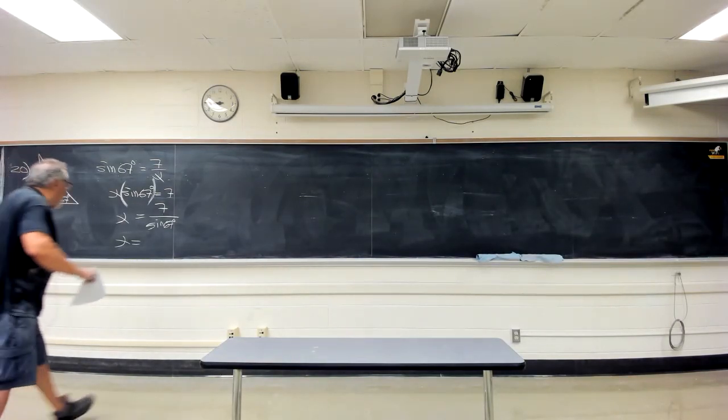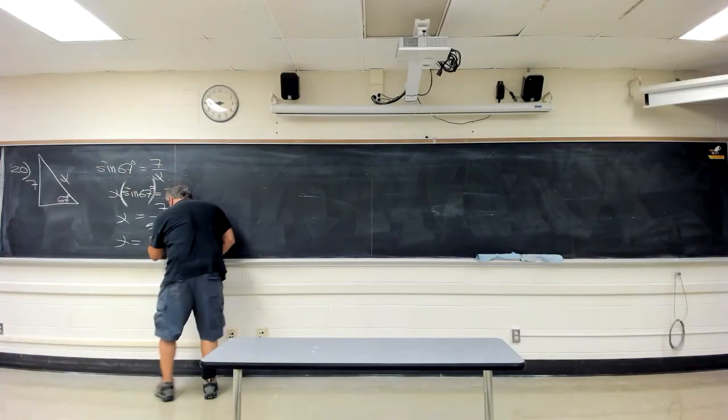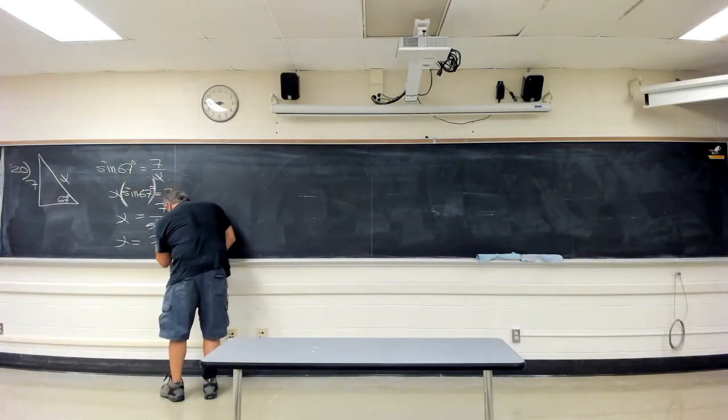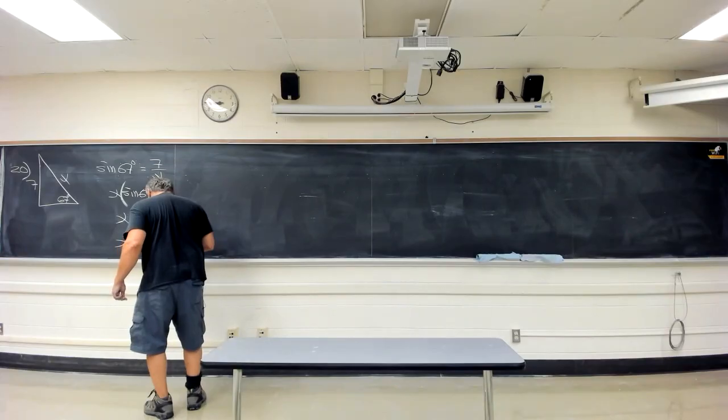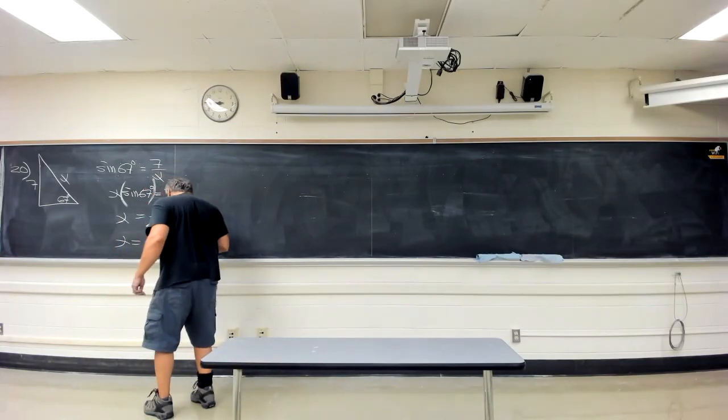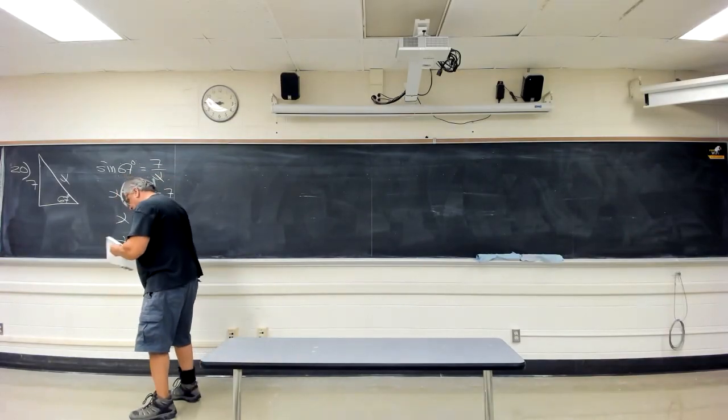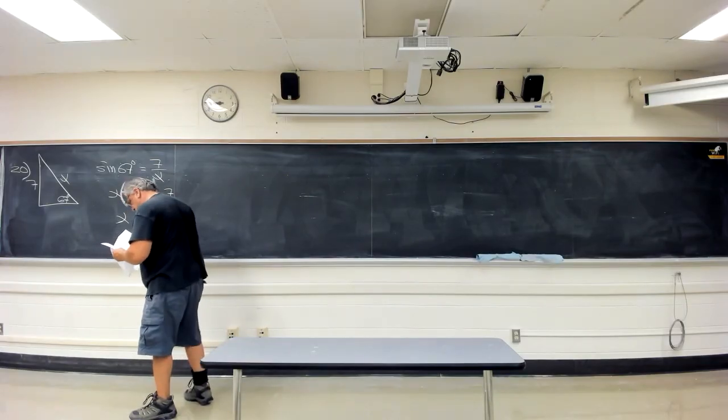Make sure your calculator is set to degrees, not radians. Radians are valid, but if they gave it to you in degrees, you got to make sure you're answering the question in terms of degrees. Rounded to the nearest tenth, we got 7.6. Let's just quickly look. That's 7.6, absolutely.